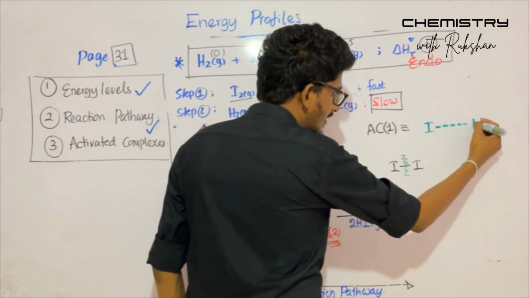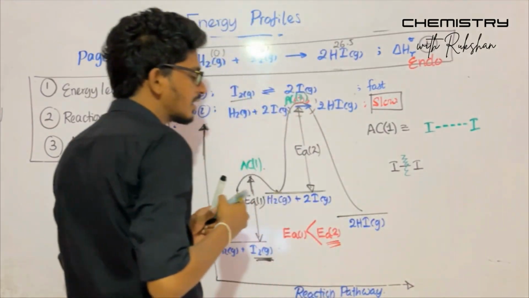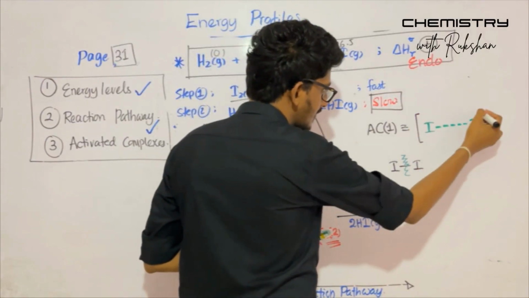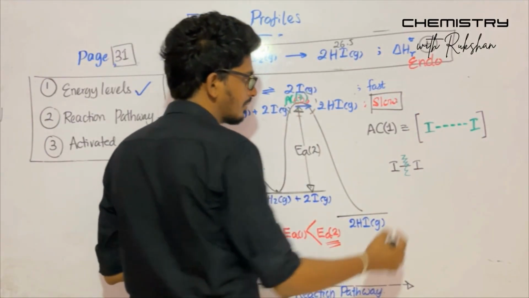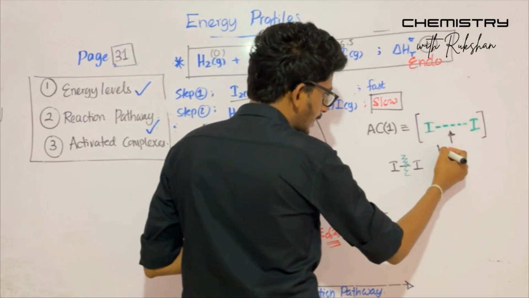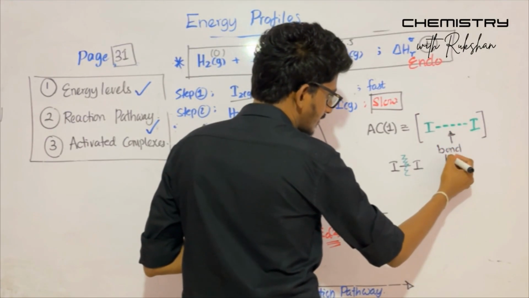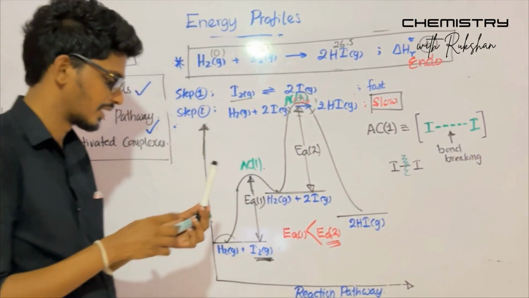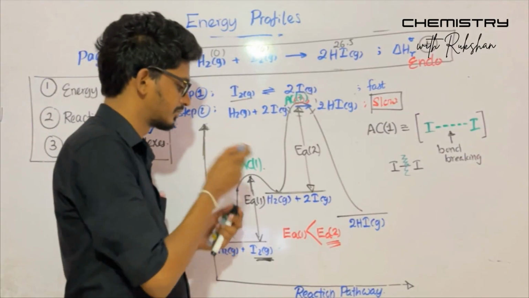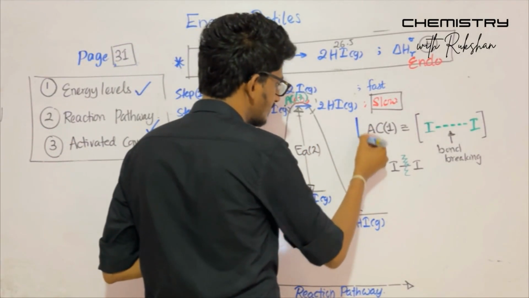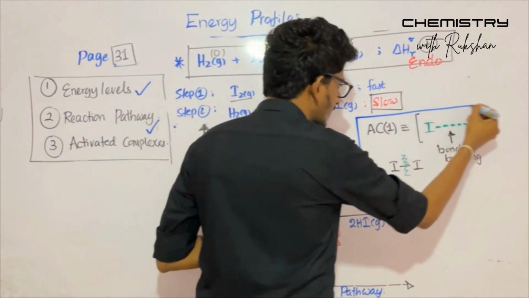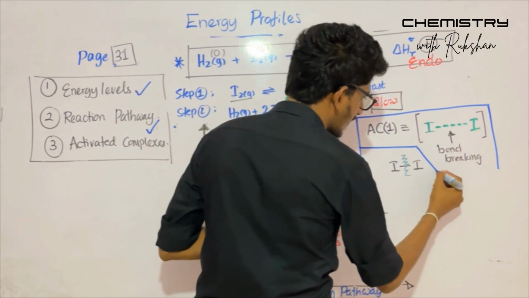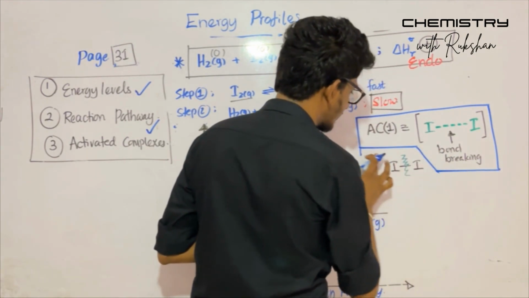Bonds breaking and bonds forming should be written with some dotted lines. This is your bond breaking, and that is your activated complex 1. Very clear. Bonds to break as well as bonds to form should be marked with dotted lines.